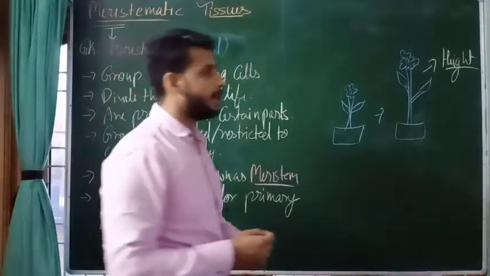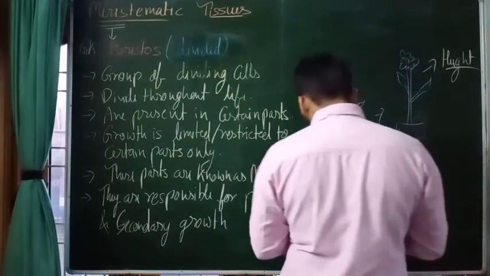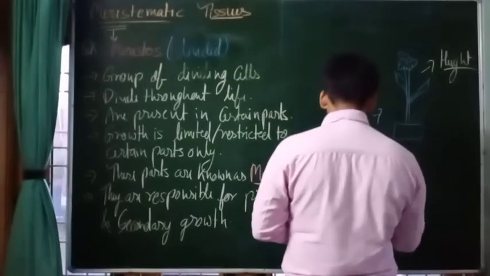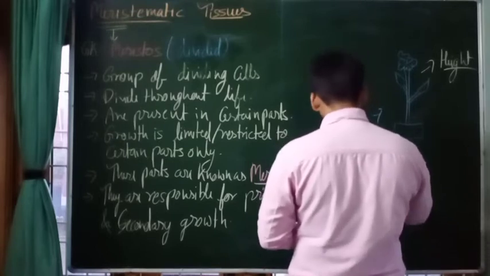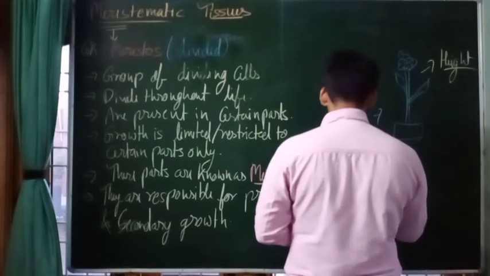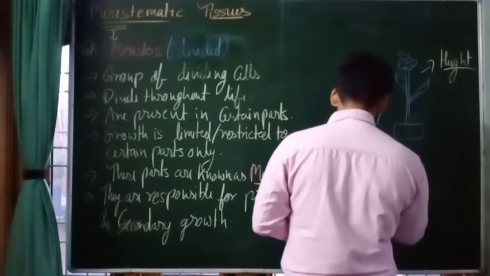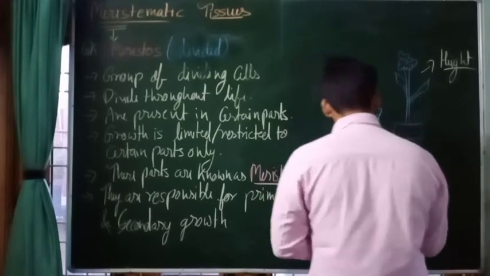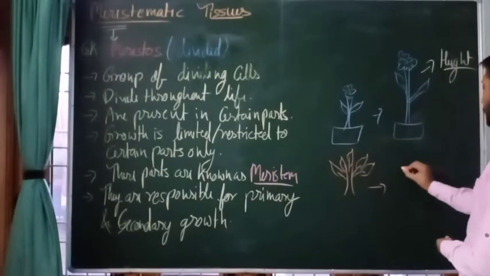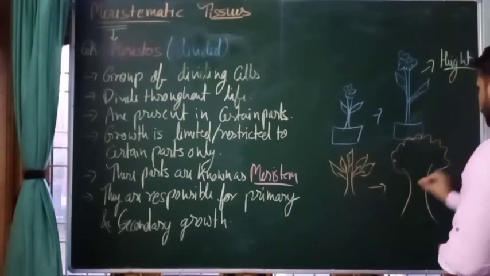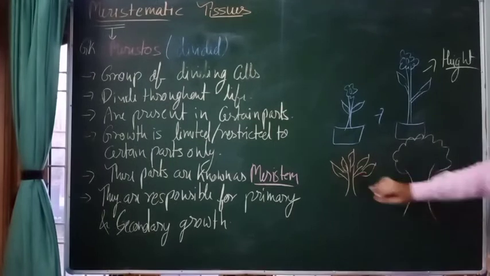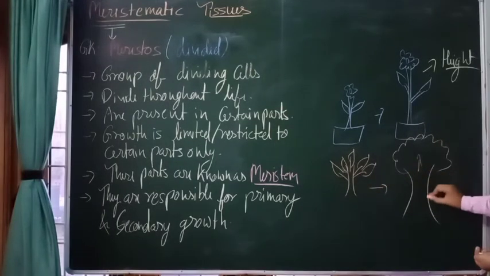And what is secondary growth? Like you can see, if you plant a small tree with few leaves, and with the passage of time it grows into a big tree, right? Here its height is increased, but with the height its girth is also increased.